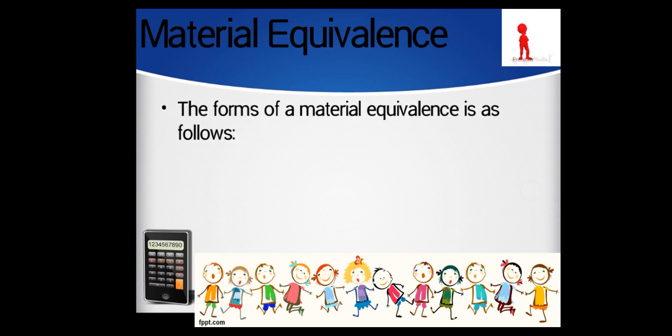The first form of material equivalence says that a biconditional proposition is equivalent to the joint assertion of two conditional propositions.